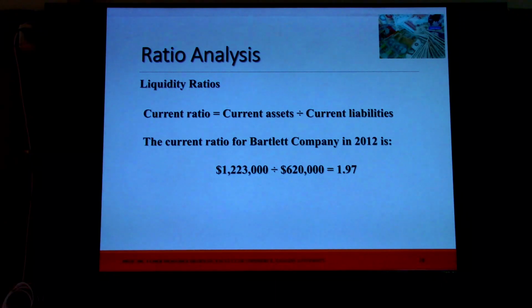What does it mean? 1.97 means that the current assets of this firm are enough to cover its current liability about 1.97 times.